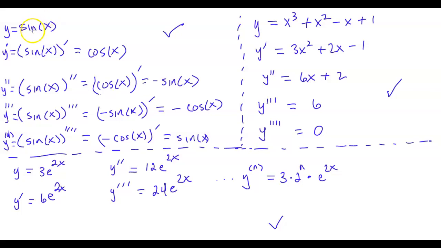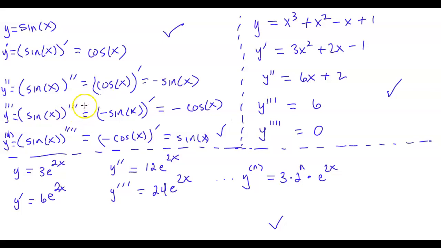So you can see with sine, if I take successive derivatives of sine, eventually I get to sine again. For every fourth derivative I take, I get to sine again. If I did the same thing with cosine, every fourth derivative, I would get back to cosine again.